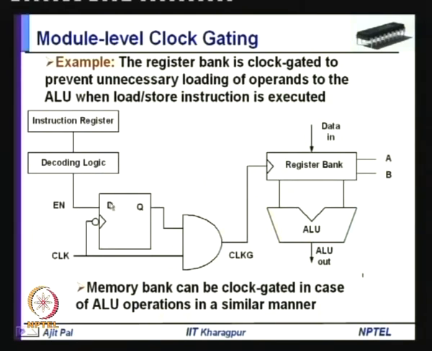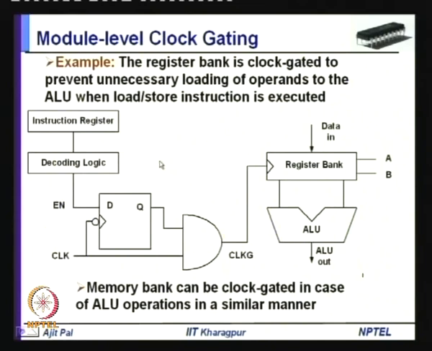That means enable is 0, and the clock is not allowed to be applied to this register bank. So, unnecessary loading of these operands to this ALU will not take place. As a consequence, a lot of power saving can be done in this part of the circuit. So, you see, here clock gating is done at module level.